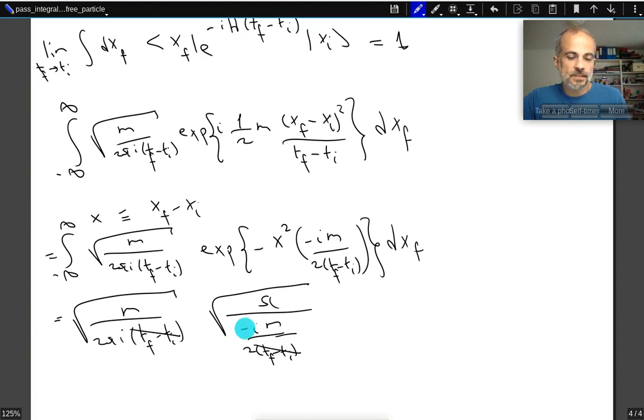I times minus I gives 1. This m is cancelled by this m. This pi is cancelled by this pi over here. And this 2 is cancelled by this 2, so it's solved without even taking the limit as tf goes to ti. The result is just 1. So the normalization and the factors are correct.